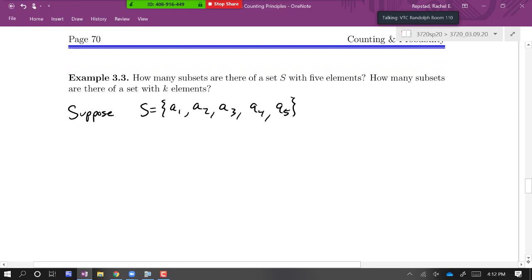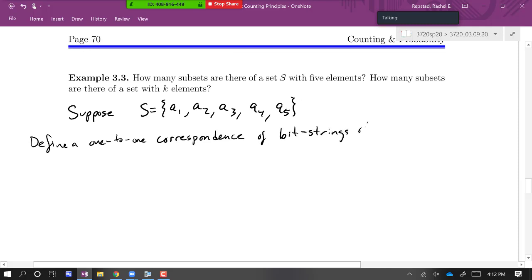We're going to define a one-to-one correspondence between bit strings of length 5 and subsets of S. So here's that correspondence.